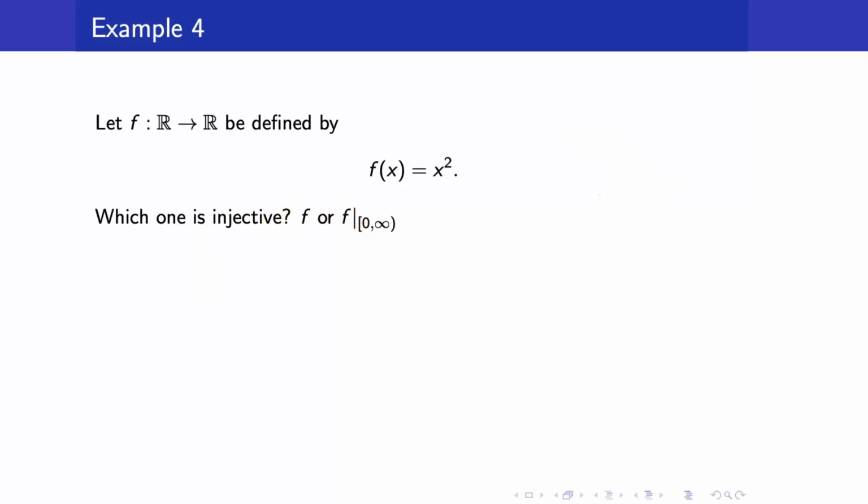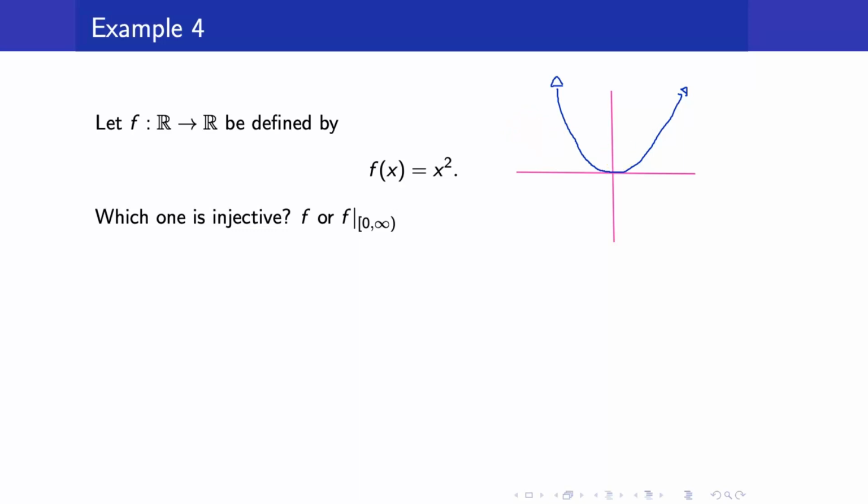So take note that the graph of the function f is just a parabola, correct? And of course, from your knowledge of algebra, this is not 1-to-1, correct? Because it does not satisfy the horizontal line test.